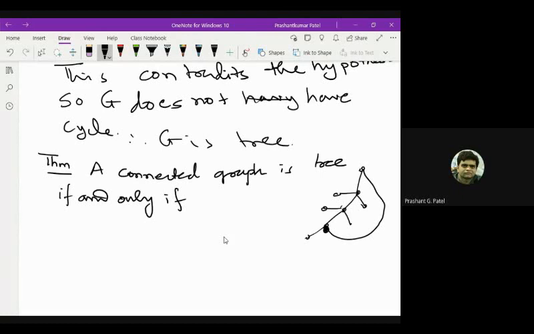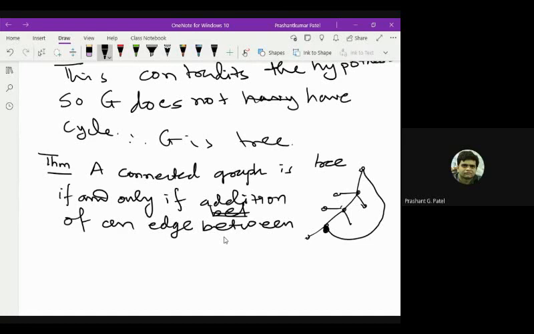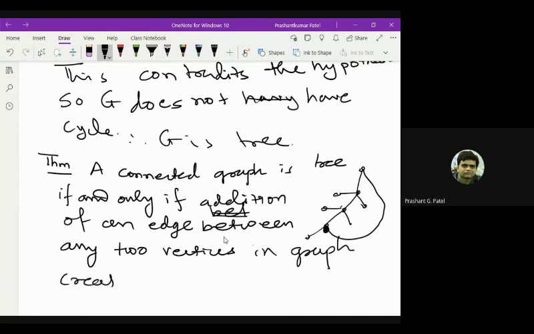A connected graph is a tree if and only if an addition of an edge between any two vertices in the graph creates a cycle or circuit, but precisely I can say creates exactly one cycle.